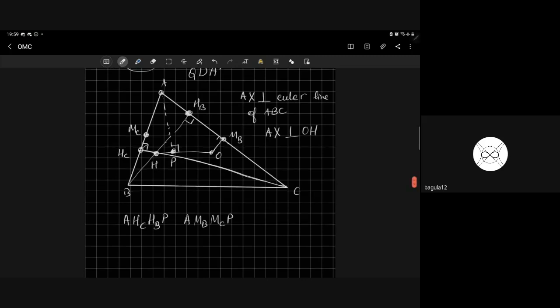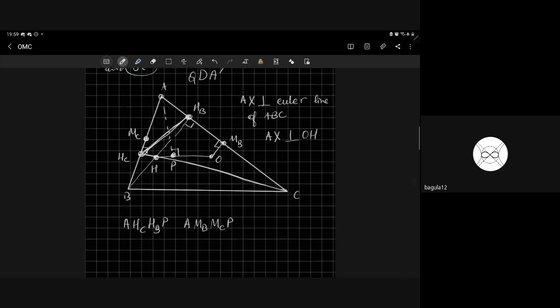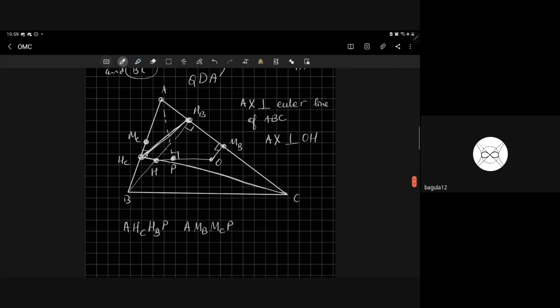So now I'll introduce X. If you notice, it's the intersection of the circumcircles of A HB HC and A MB MC, right? It's the intersection of this circle and the circumcircle of this one.